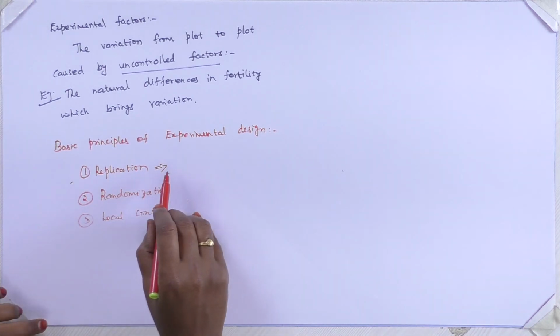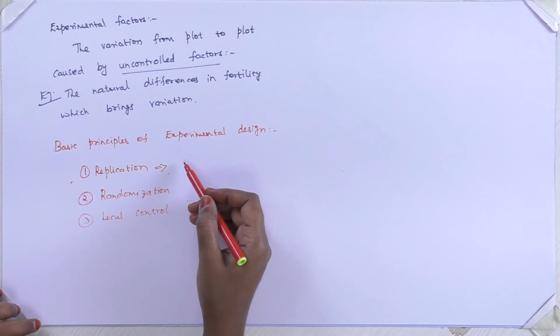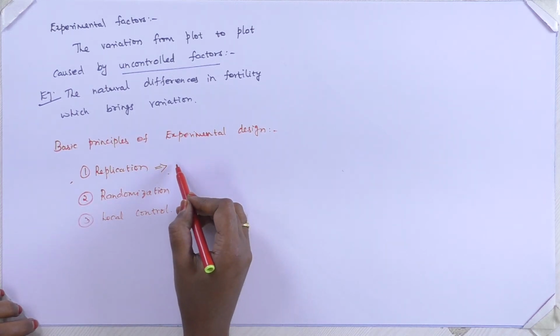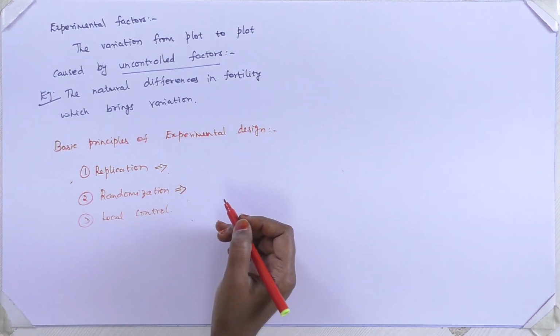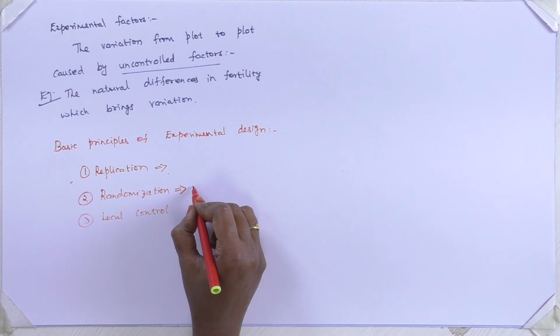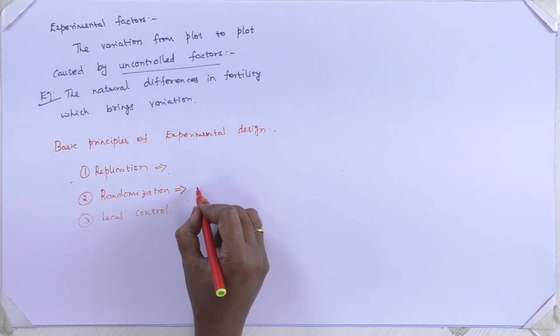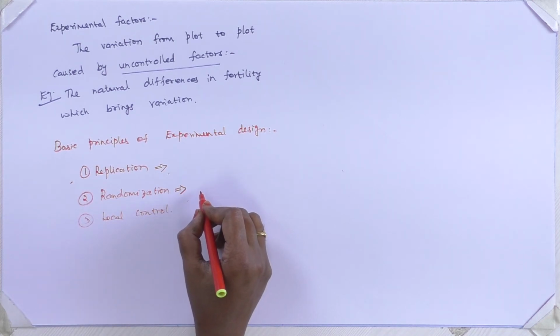In replication, we get a more reliable estimate than is possible with a single observation. Randomization is a technique by which we randomly assign the treatments to the experimental units.